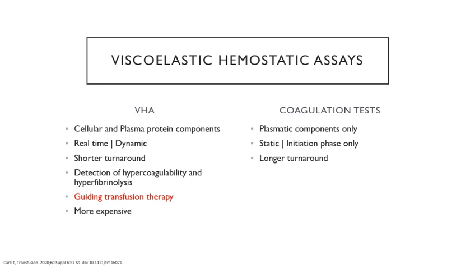Lastly, viscoelastic hemostatic assays are superior in guiding transfusion therapy and managing bleeding in complex clinical scenarios, such as trauma and major surgery, due to their ability to detect hypercoagulability and fibrinolysis. However, viscoelastic hemostatic assays are more expensive as compared to the traditional coagulation tests that we are more familiar with.